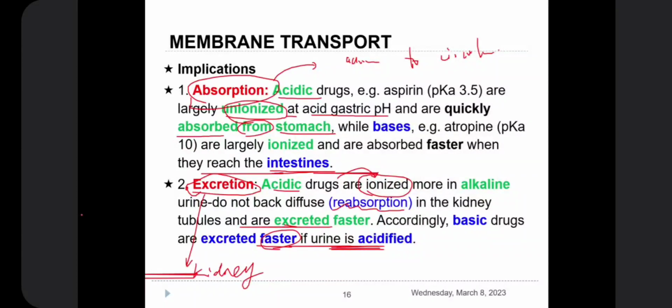So acid drugs are excreted less in the acid urine. This is the first sentence, and I think you can work out the next three sentences yourself: the acid drugs in the basic environment, the base drugs in the acid environment, and base drugs in the basic environment.